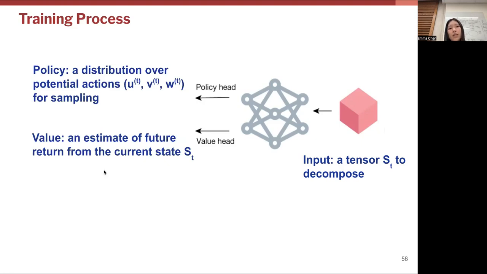One is a policy. The policy will give a distribution of the potential actions to take at a given state, and we will sample the actions from this distribution. The second output is a value, which will estimate the future return from the current state.